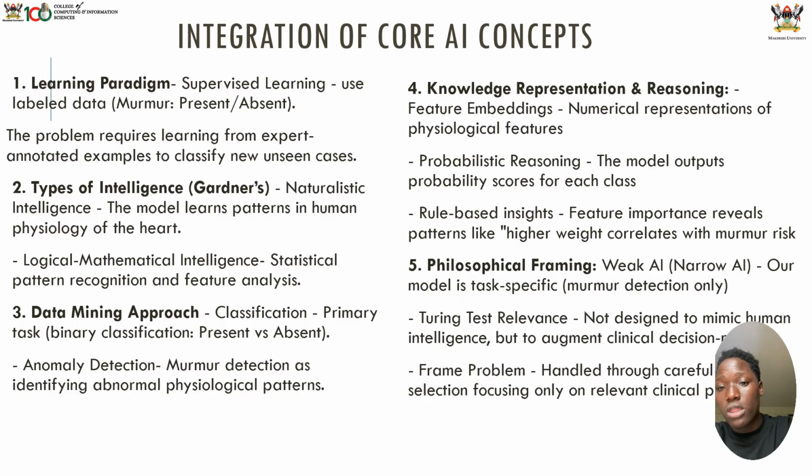Then in the second part you have the types of intelligence. Naturalistic intelligence: the model learns patterns in the human physiology of the heart. Then you have logical mathematical intelligence: statistical pattern recognition and feature analysis.